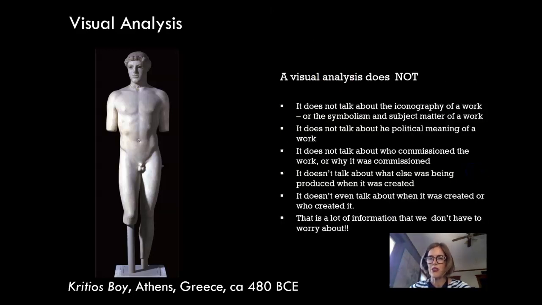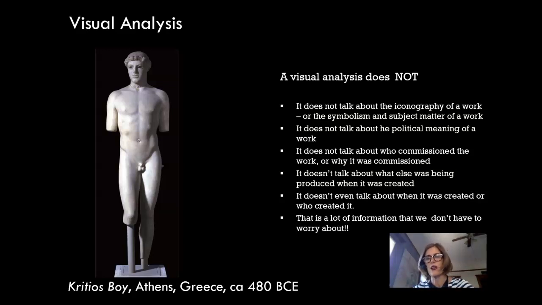So sometimes it's helpful to start with describing what a visual analysis does not do. A visual analysis does not talk about the iconography of a work of art. Of course, iconography means the symbolism or subject matter of a work of art. A visual analysis does not talk about the political meaning of a work of art.